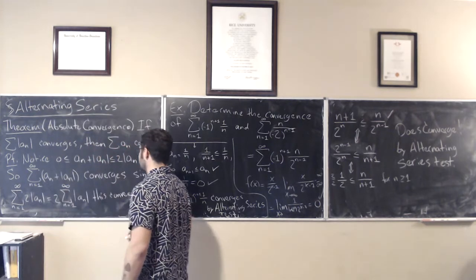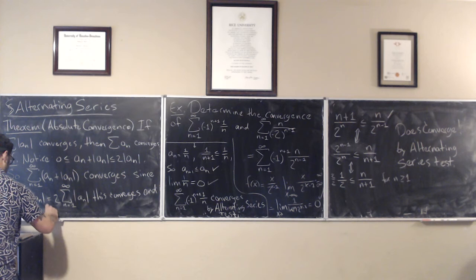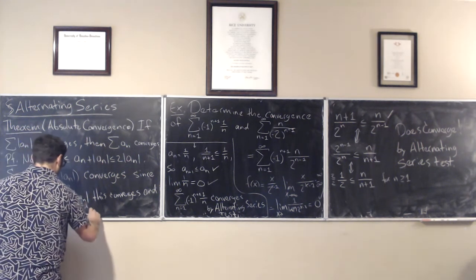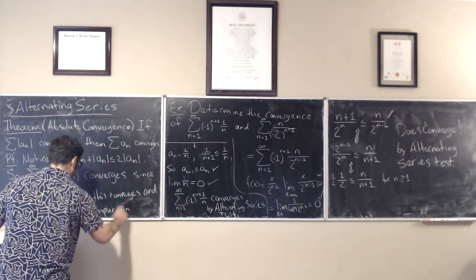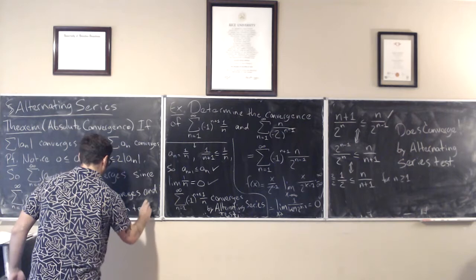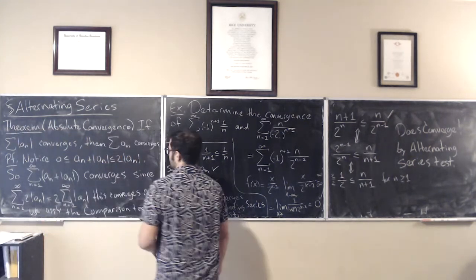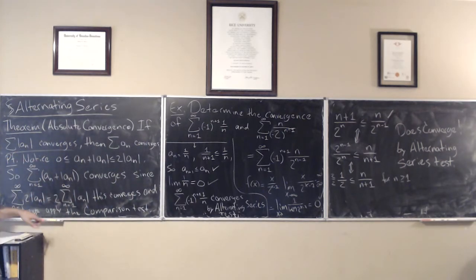Since this converges, and we apply the comparison test, right, because that's always at most that. And since we're assuming that this converges, this series will converge since that converges.